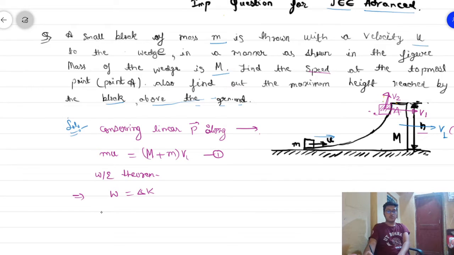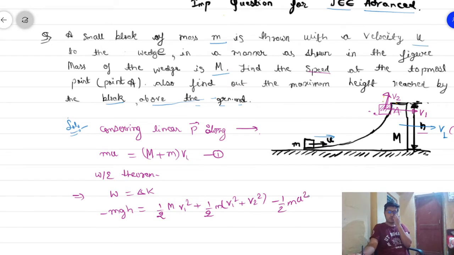Total work done is done by the gravitational force only, so it is minus mgh equals half M v1 square plus half m (v1 square plus v2 square) minus half m u square minus 0. This is for the wedge, this is for the block.